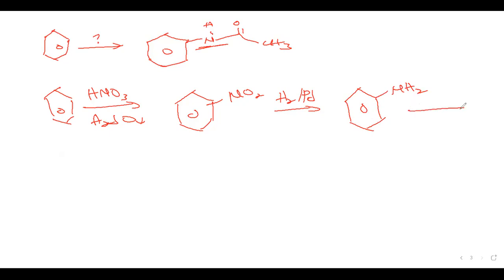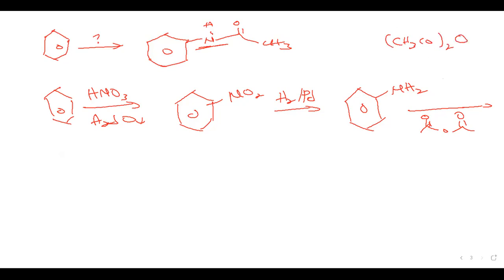Now after getting this, there are two arguable ways of going about it, but the most preferable way is to use acetic anhydride. You don't use acetic acid, even though acetic acid can also arguably do it. So this is how we draw acetic anhydride, among so many other ways of drawing it. Some people write it as (CH3CO)2O.